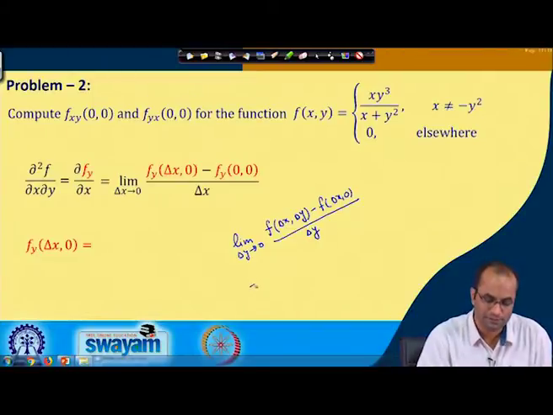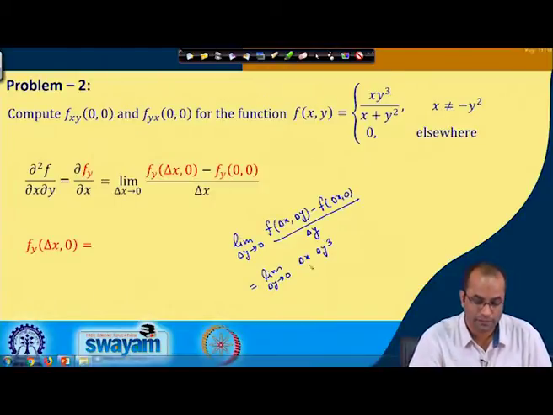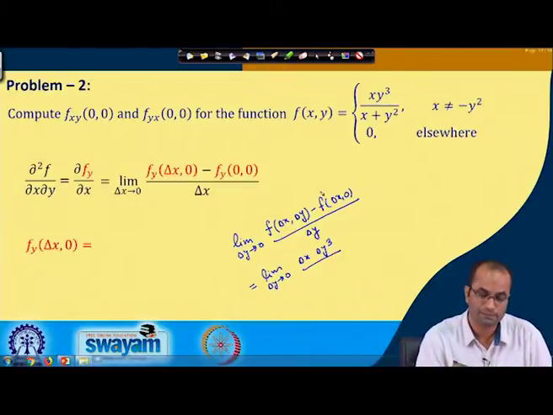So, what is this limit? If we take this limit here, delta y goes to 0, here it will become delta x and delta y cube from here, and then divided by delta x and delta y square, minus, again this is 0, so this will become 0, and delta y.